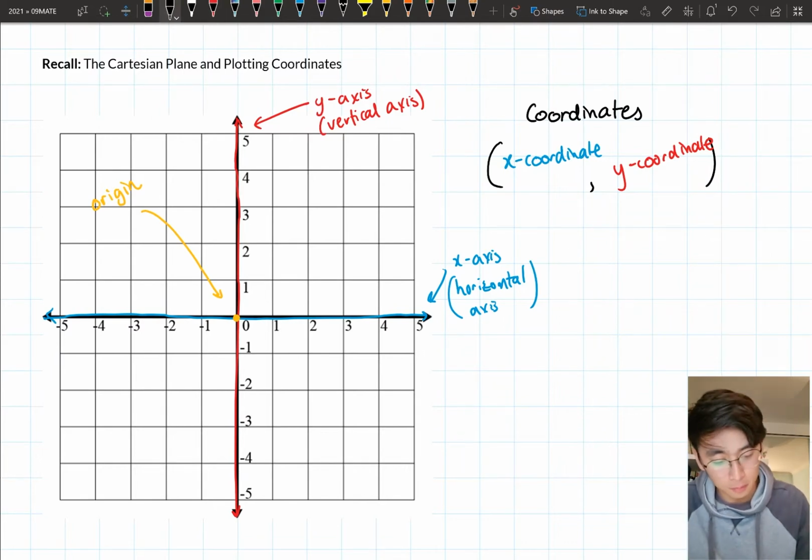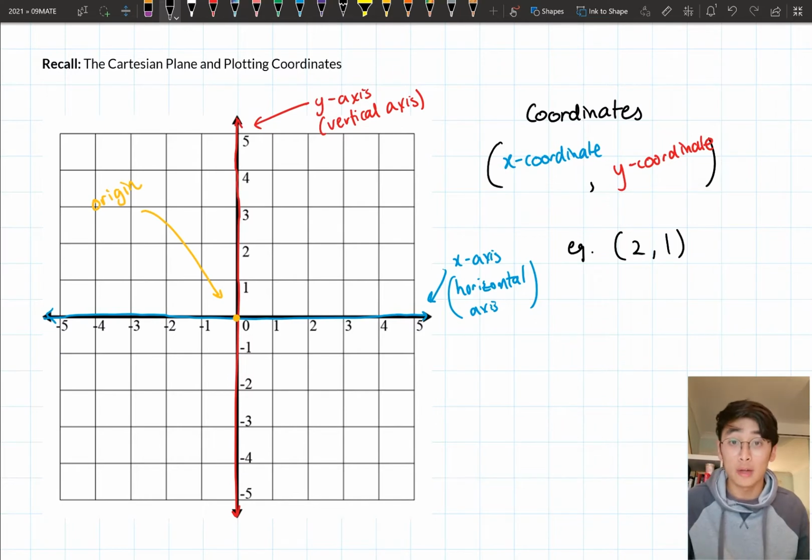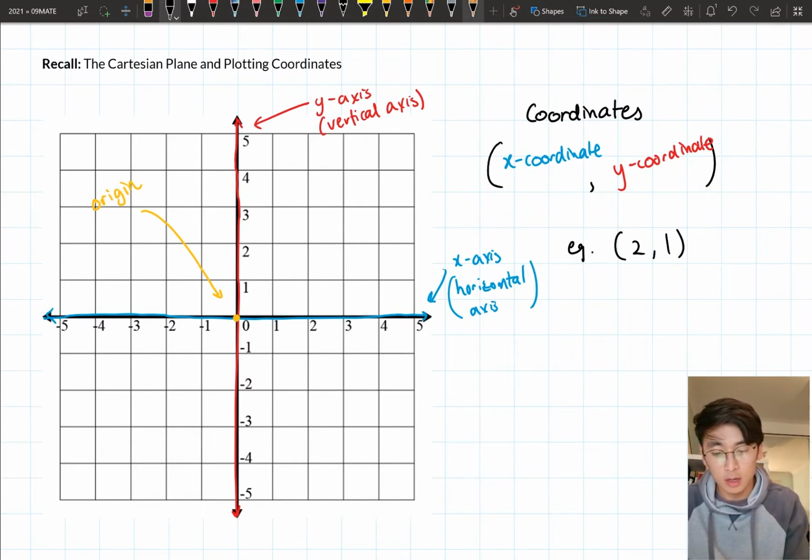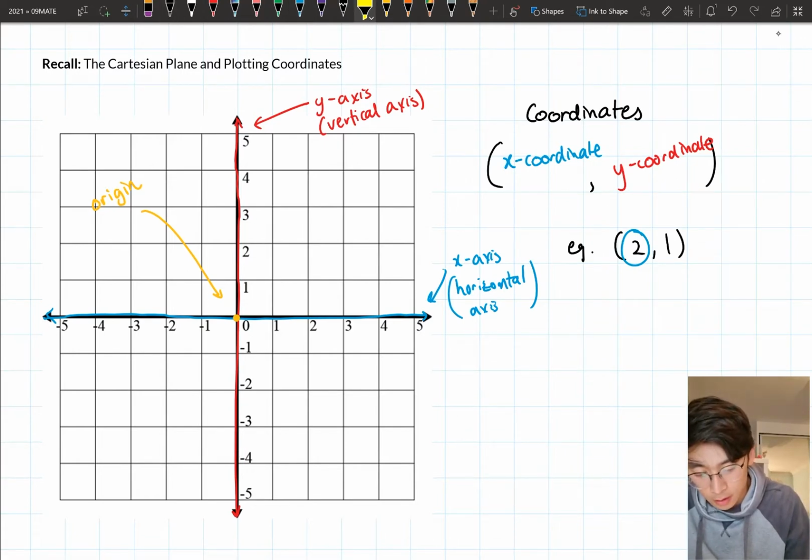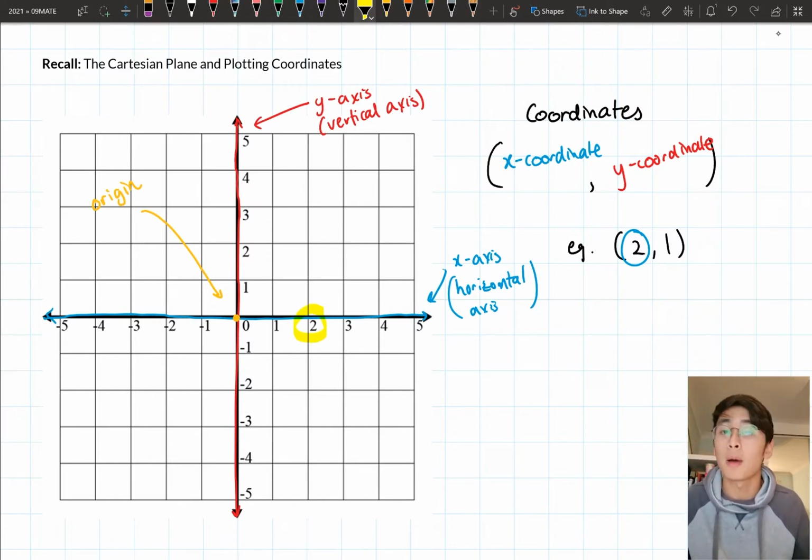So for example, if I had the coordinate (2, 1), all I need to do is go, okay, well, 2 is my x coordinate. And so I'm going to go to where 2 is on my x-axis. So I'm going to go over here, look at my x-axis, and look, 2's over here. And so that is my horizontal position. That's where I am horizontally.